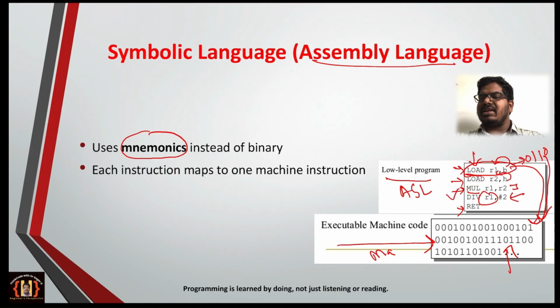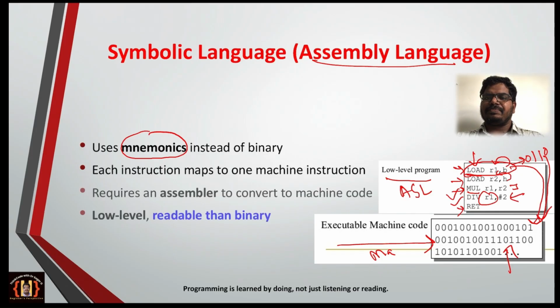A programmer can easily understand and write the program as per the requirement. This requires a translator, which we call an assembler. Don't worry what an assembler is, I'll tell you in the next classes. The assembler converts assembly language into machine language.